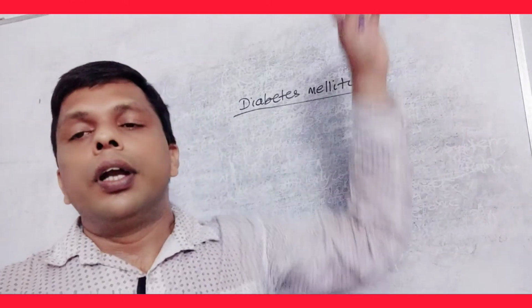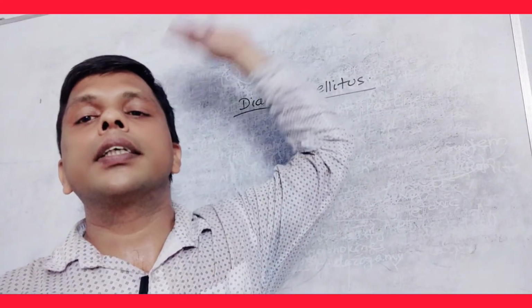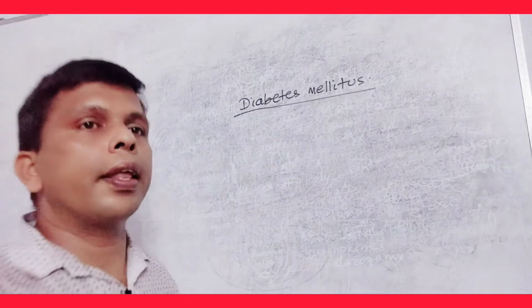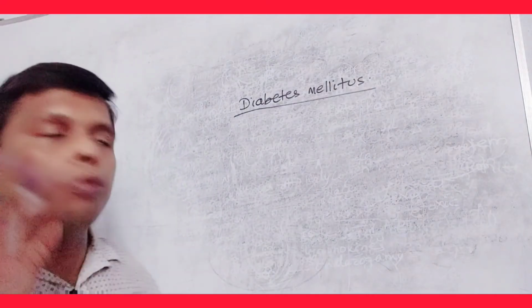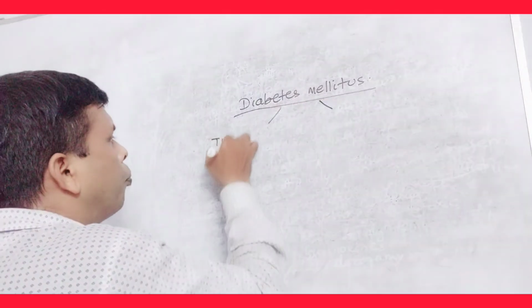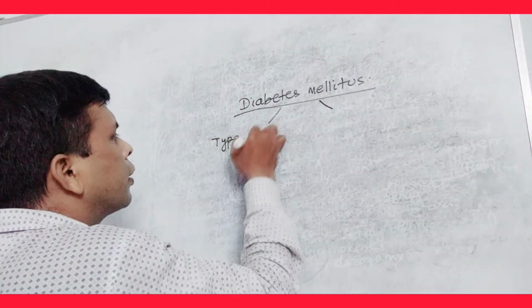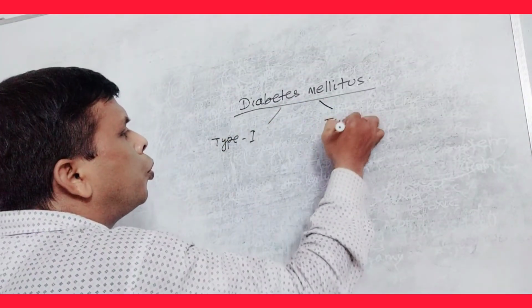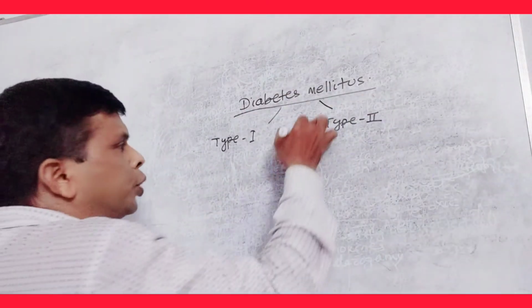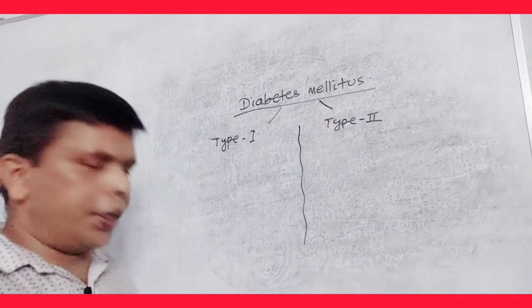So, let us come to diabetes mellitus in detail. There are two different types of diabetes mellitus, type 1 and type 2. What is the difference between type 1 and type 2? We will read here.